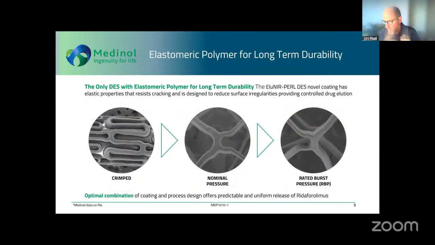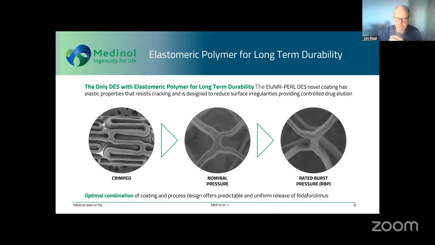So talking about our coating, as I mentioned, we have an elastomeric coating that is a durable coating made out of carboxyl and PBMA. The carboxyl is responsible for the elastomeric essence of the polymer, and the PBMA is responsible for the drug elution, holding the drug.